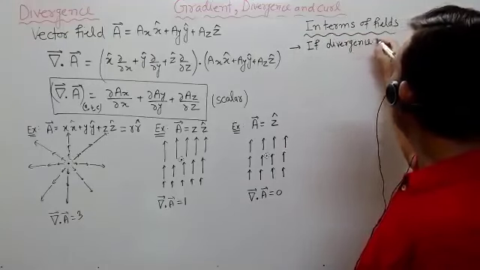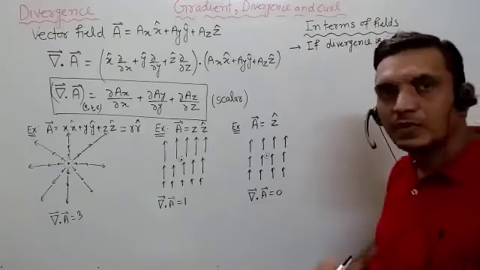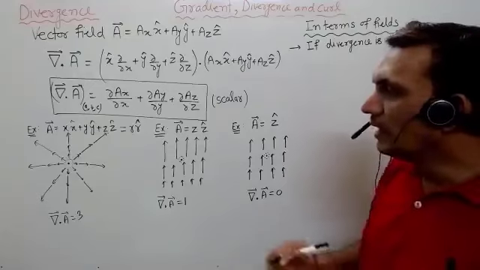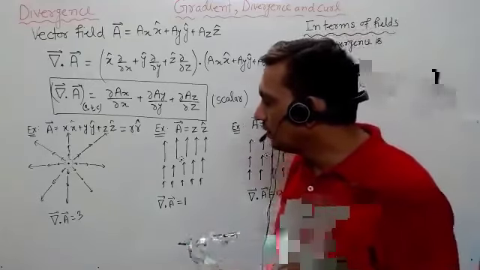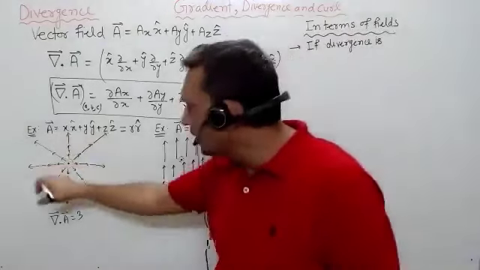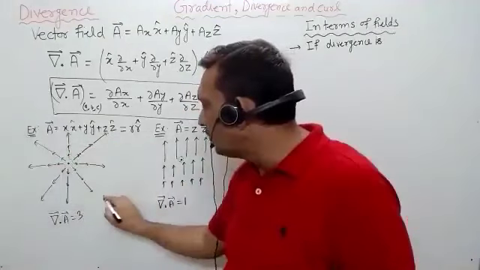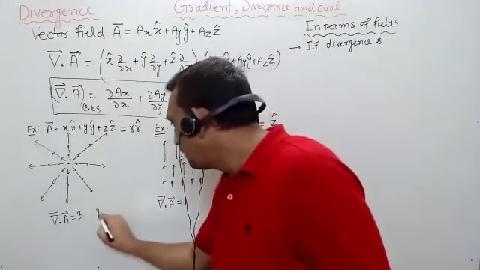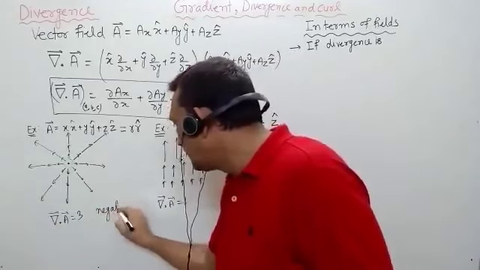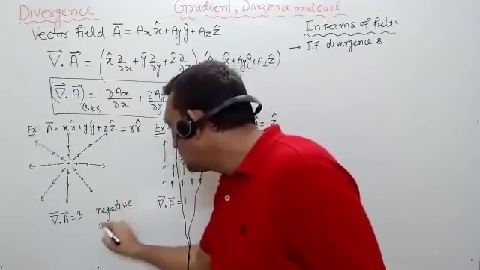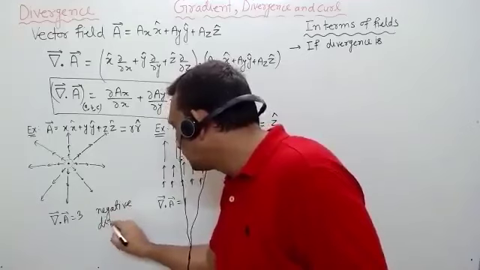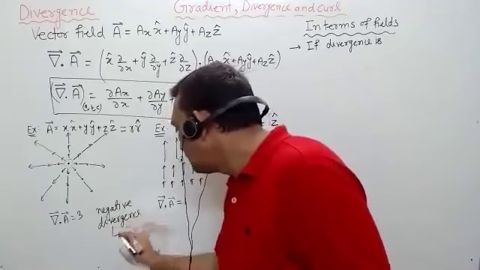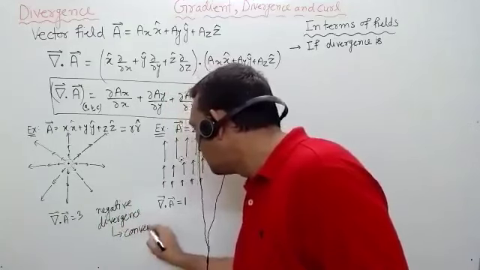Sir, one minute. What you said about convergence: in convergence, the direction will be towards the point. Negative divergence means convergence. For example, in this case, if you have negative divergence, let's say the divergence is a negative value. I am taking this example, so that is the meaning of convergence.